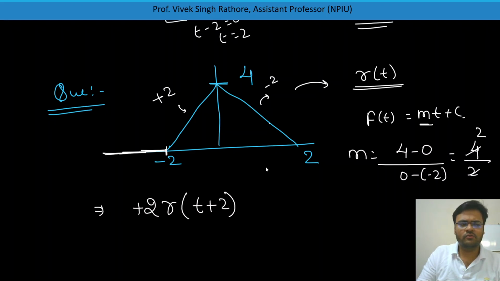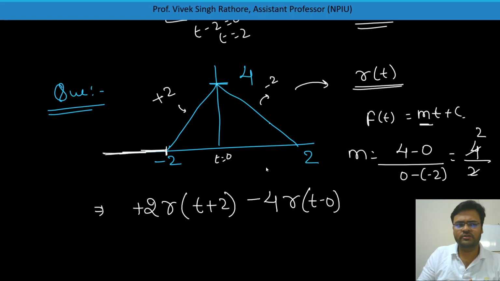Now this will go on and on. Suddenly at t = 0 there is a slope change. How much slope change? Final value minus initial value: -2 minus 2 is -4. So there will be a slope change of -4, and the ramp will be at t = 0, so r(t - 0). Then it goes on, and suddenly the slope changes again at t = 2.